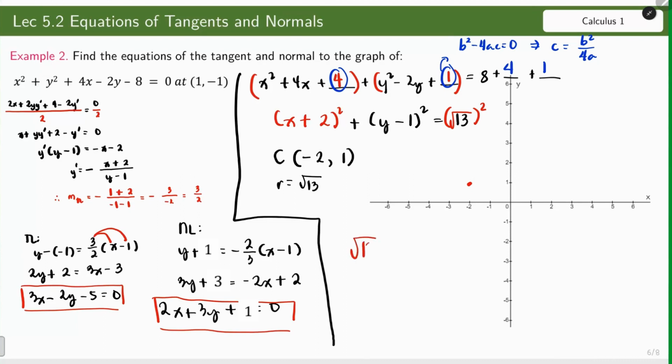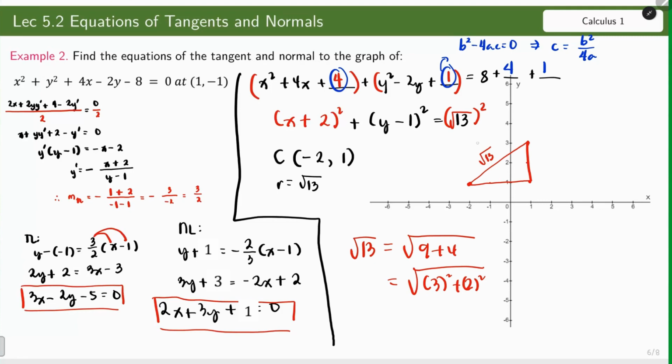The square root of 13 is equal to the square root of 9 plus 4, which is equal to 3 squared plus 2 squared. We can count 3 units to the right, 1, 2, 3, and then 2 units above, 1, 2. So we form a right triangle here, and its value is square root of 13.